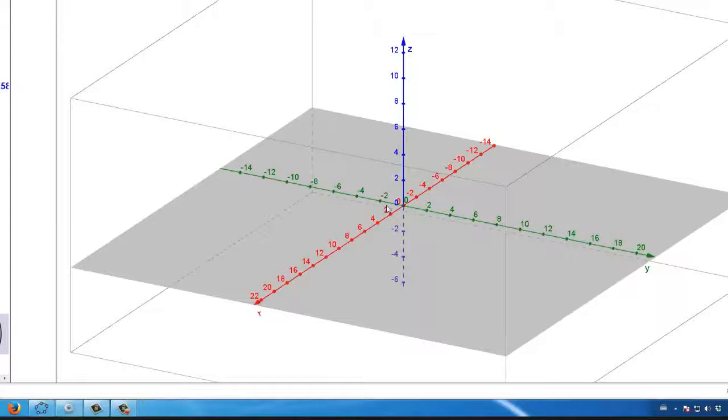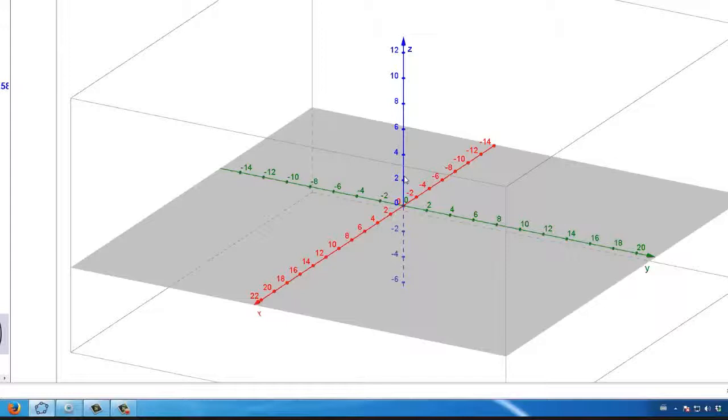Going out of the top of the screen? Going to the right? So x actually comes out of the screen towards you, in this case. Y goes out to the right as we progress in the positive direction, and z goes up.